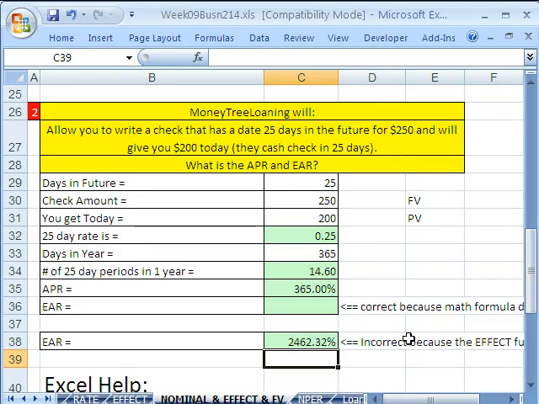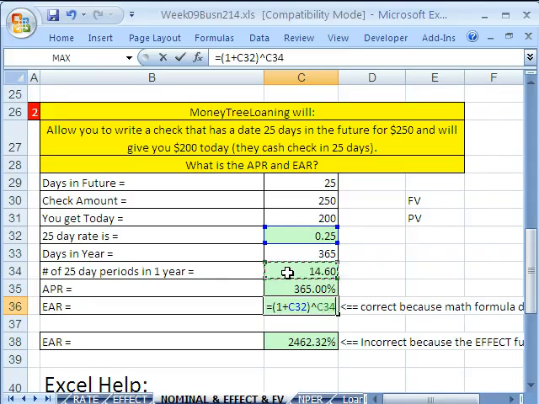2,462%. That is your effective annual rate. That is why these money tree loan places charge a lot. That would be understating it. Let's do the math. Equals, in parentheses, 1 plus our period rate, close parentheses, caret, raised to our number of periods per year. And then, of course, we have to subtract 1.